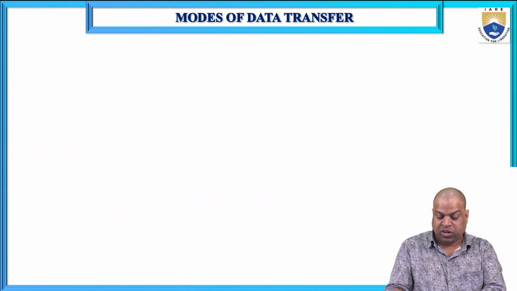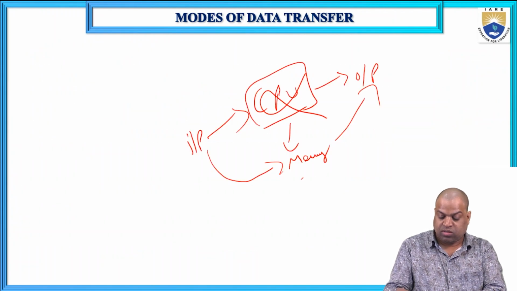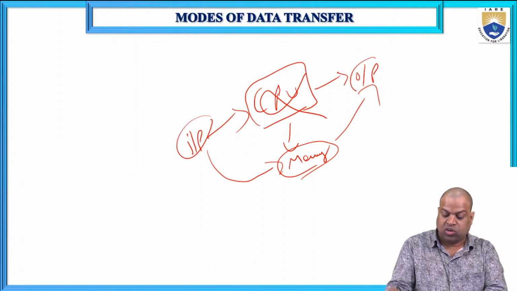So, what are the peripheral devices now? Inputs and outputs are the peripheral devices. These peripherals are directly connected to the memory.